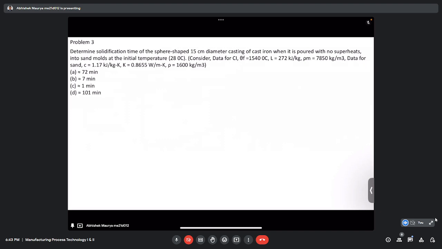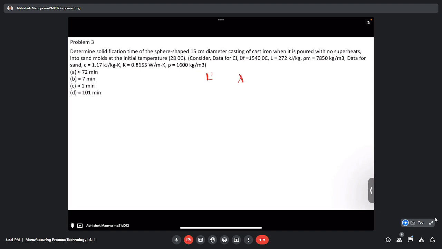Okay, let me help you out. If you want to find out the time required for solidification of the casting, what we did first was calculate L dash. If you remember the first problem, first we calculated L dash, then we calculated lambda.